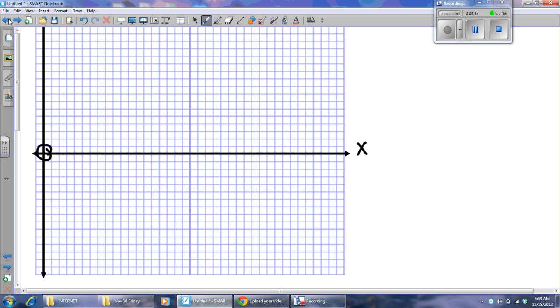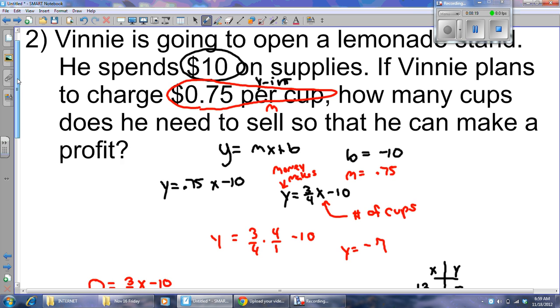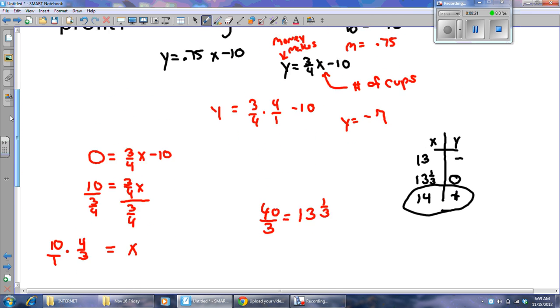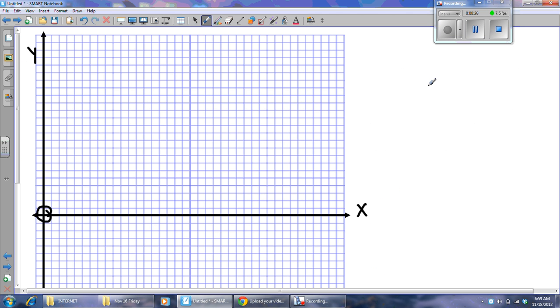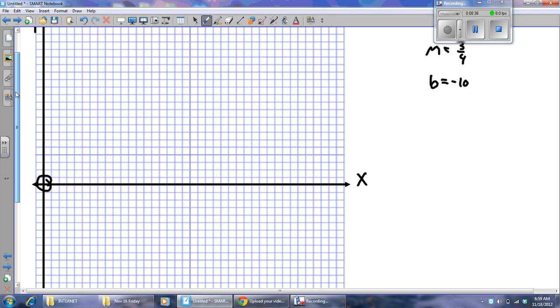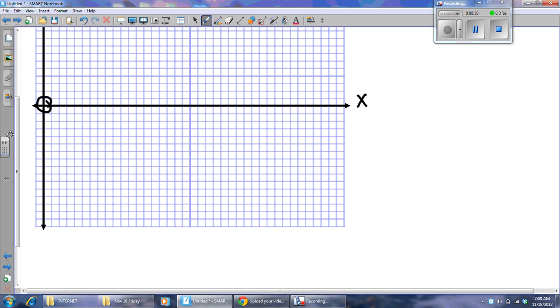And remember that my slope was going to be 3/4, so m is going to be 3/4, and the y-intercept was -10 because he starts with -10. He spends $10 of his own money. So let me plot the y-intercept.